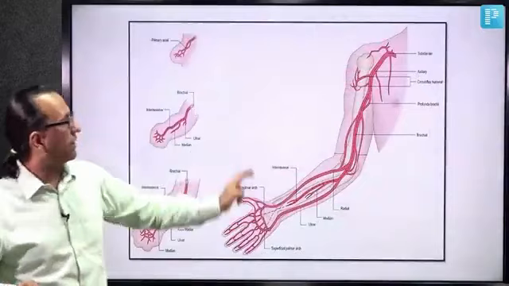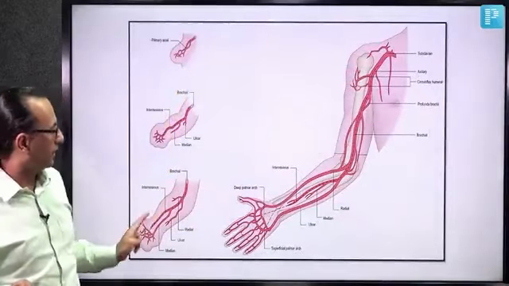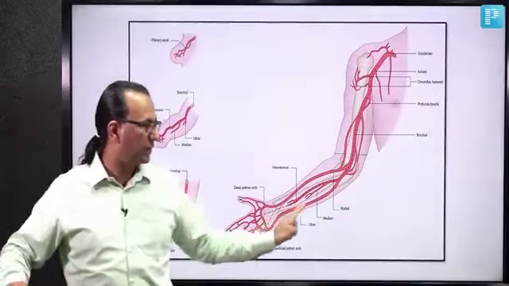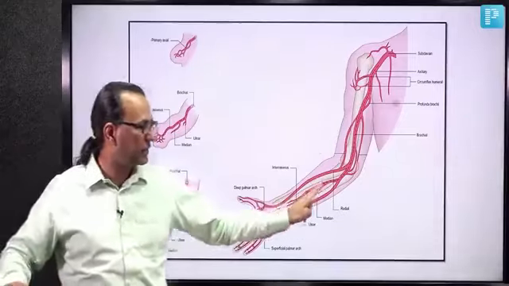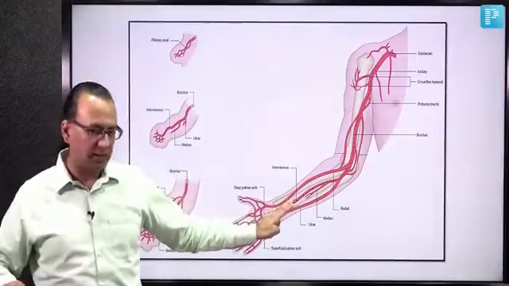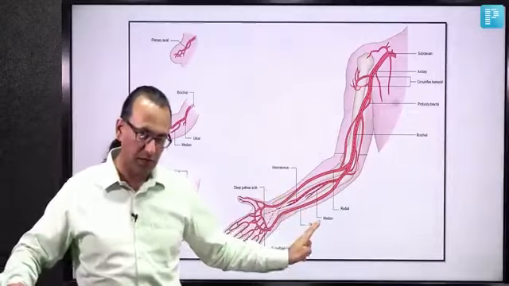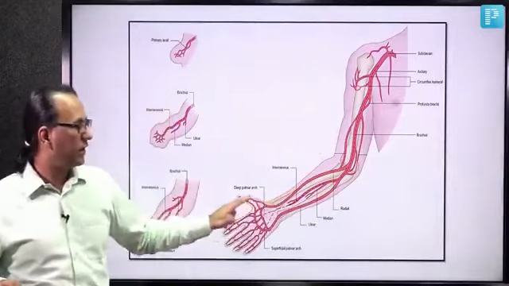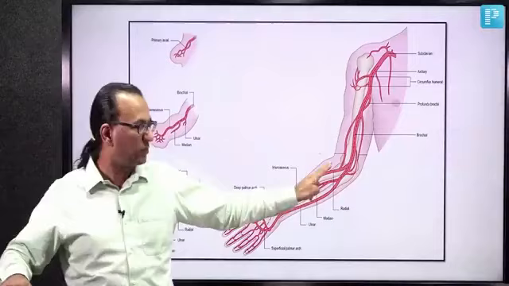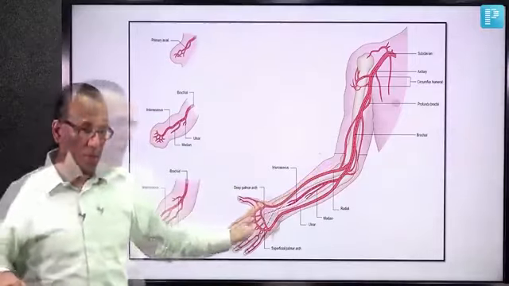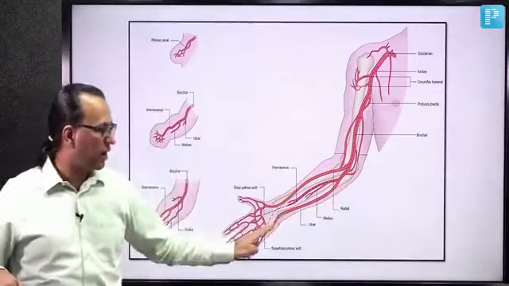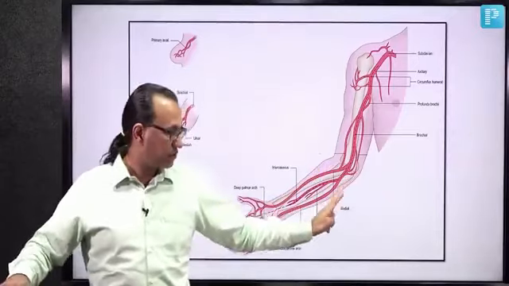During development, we will find that the main artery, the axis artery for the upper limb, is called the anterior interosseous artery, whereas there is a preaxial artery as well as a postaxial artery. The radial artery and the radial bone are preaxial structures, whereas the ulnar bone and the ulnar artery are postaxial structures.